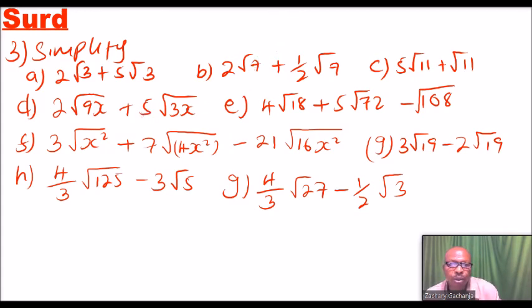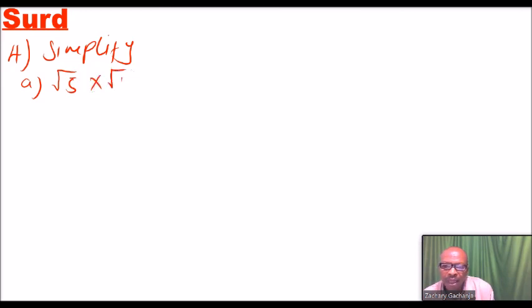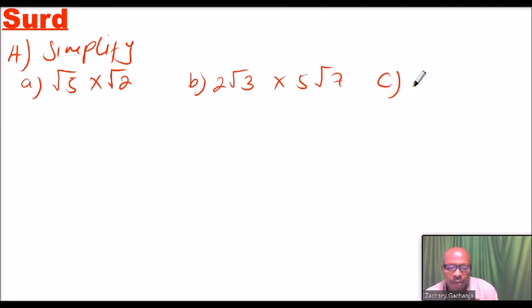So let's go to number 4. We are told to simplify. We have a, this is root 5 multiplied by root 2. We have b, 2 root 3 multiplied by 5 root 7. Then we have c, 3 root 13 multiplied by 5 root 2.